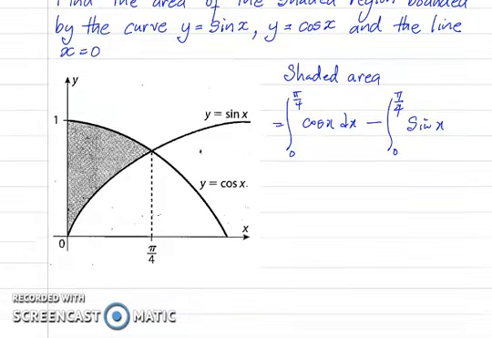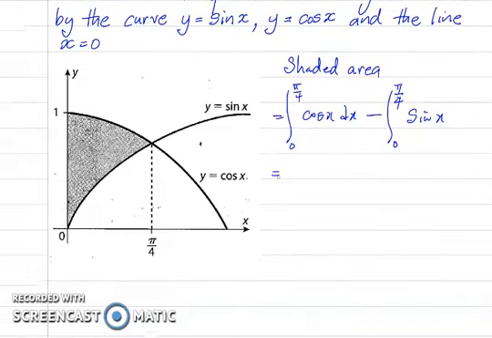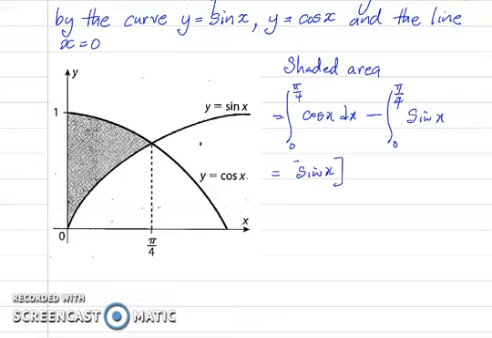All right, and then if I differentiate sine I get cos, so if I integrate cos, I get sine. So this is sine x, from 0 to pi by 4, minus, if I integrate sine, I get minus cos.